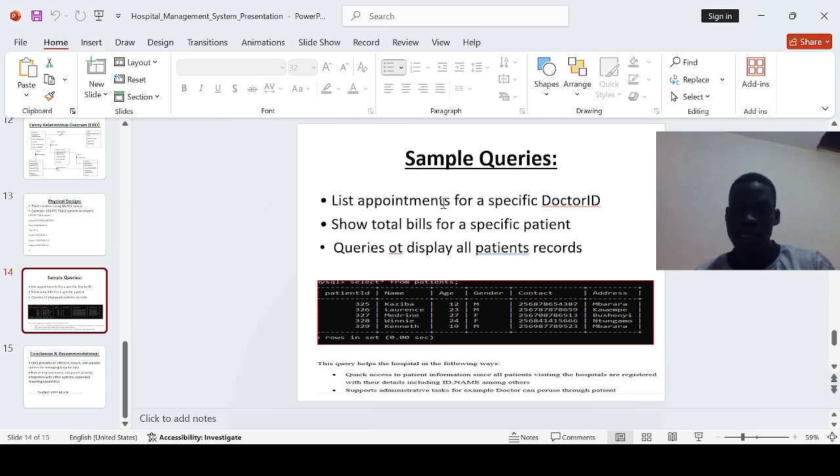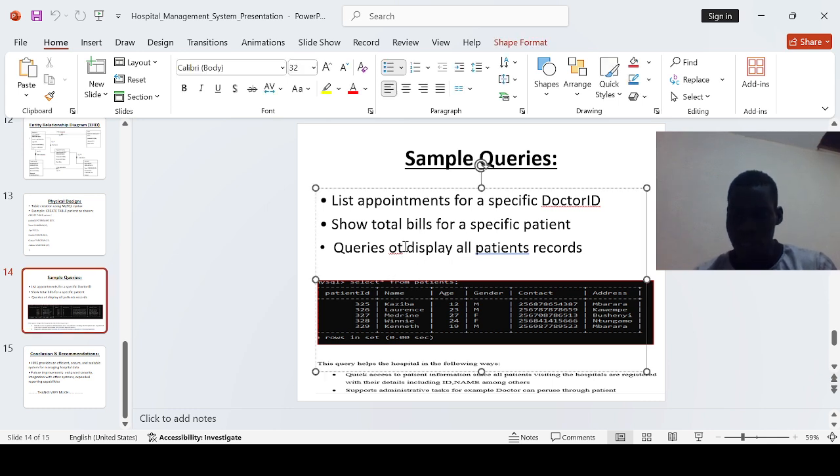Sample queries. So we had these queries which would retrieve specific data from the database. The first query here is to display all patient records.